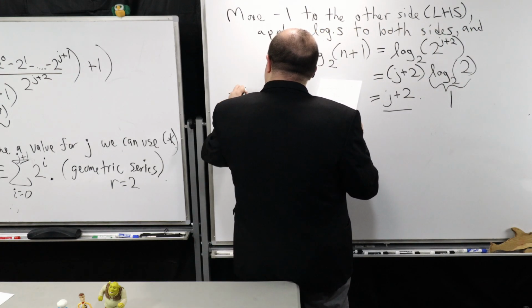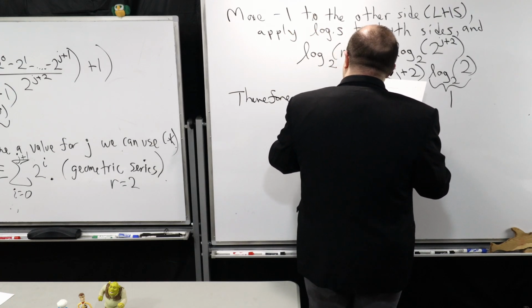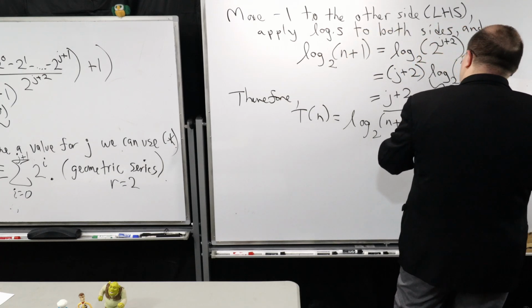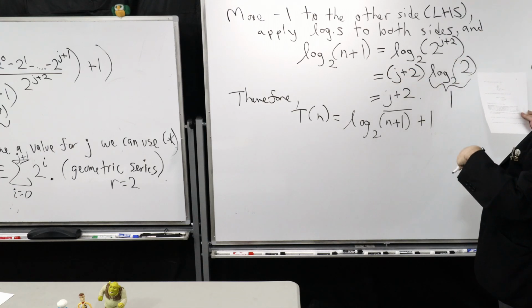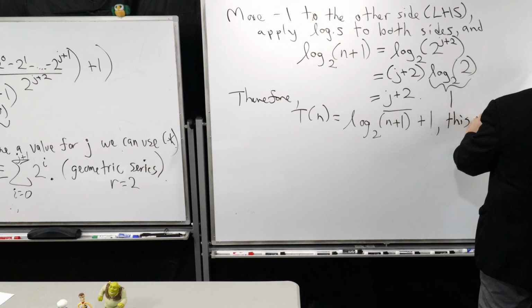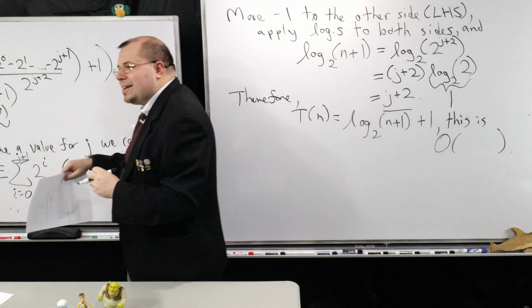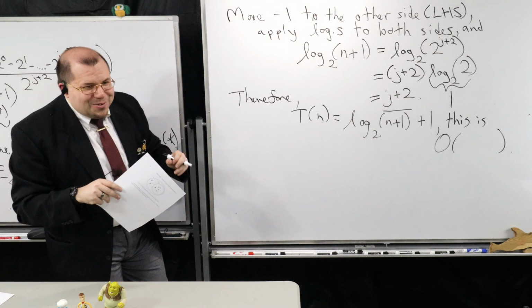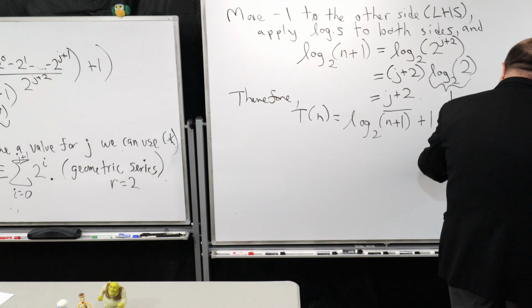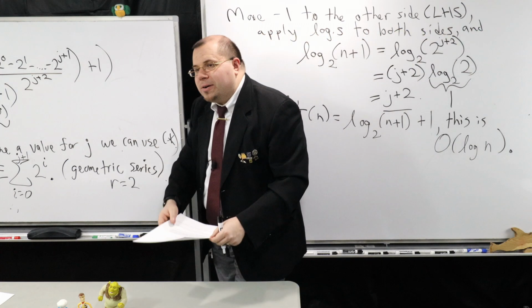So I can say, therefore, that t of n is equal to log base 2 of n plus 1 plus 1. Remember, this is from t of 0 over there. And can somebody tell me what this is big O? What's sitting in that big O? Yeah, it's log n. Perfect. And there we go. We got the worst case time complexity for binary search.